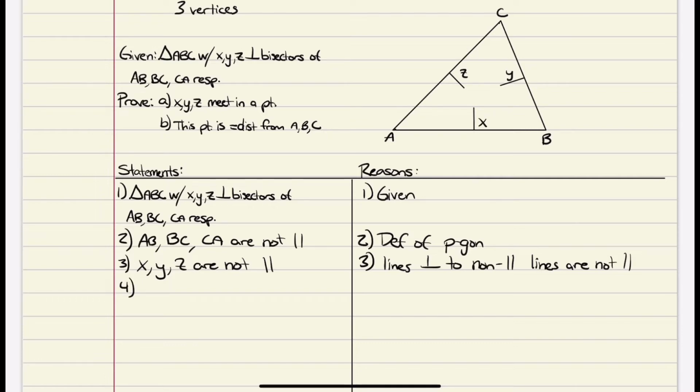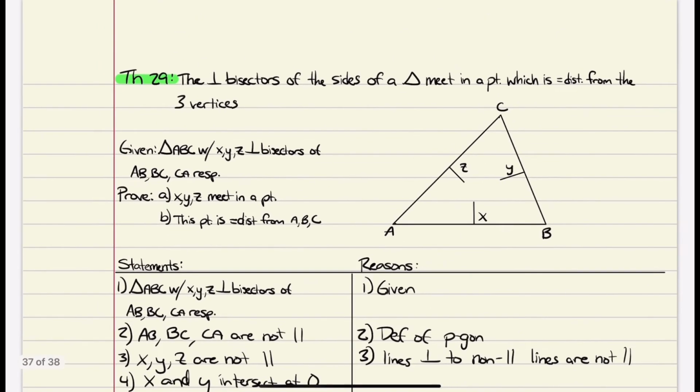Number 4, now let us start talking here. X and Y intersect at O. So I'm just going to extend these lines X and Y. I didn't necessarily need to draw those lines, but we're going to have a point where those two lines intersect.